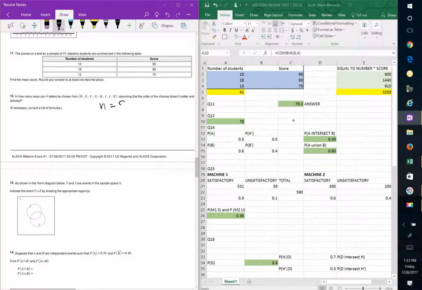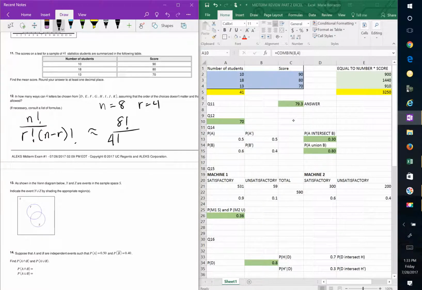Okay, now granted, you are also able to use the formula, since we know that N is equal to 8 and R is equal to 4, we can use the formula where we have N factorial over R factorial times N minus R factorial, which is going to equate to 8 factorial over 4 factorial times 8 minus 4 factorial.